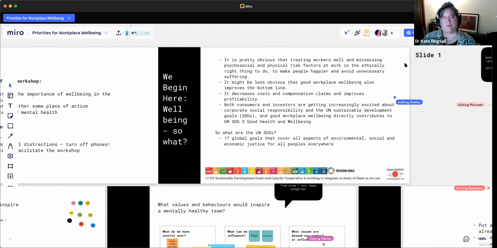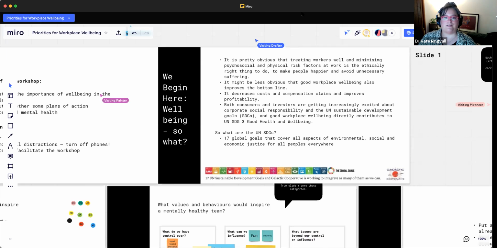And more importantly, the thing that we really wanted to get across today is that all of these actions that we're taking today and that you might take in your business have an impact on the bottom line. It means that you have a much greater ability to keep your workers well and in work, that you'll have much less compensation claims or sickness benefits being paid out.